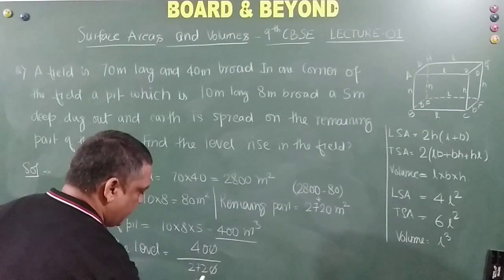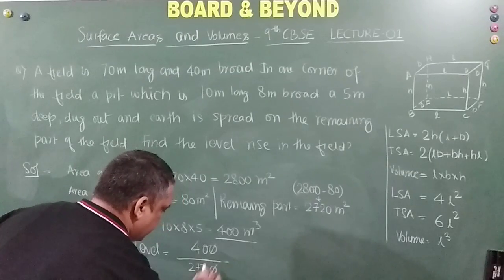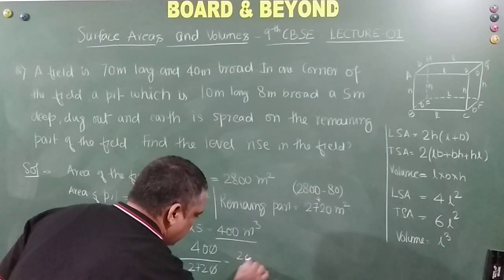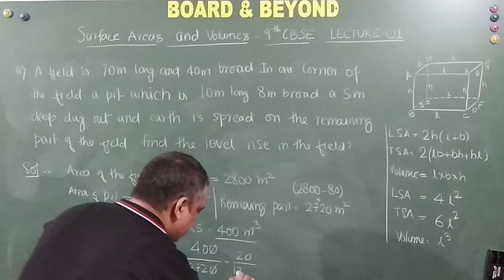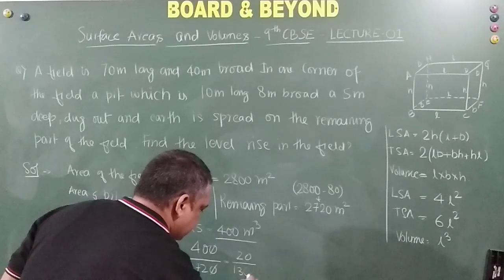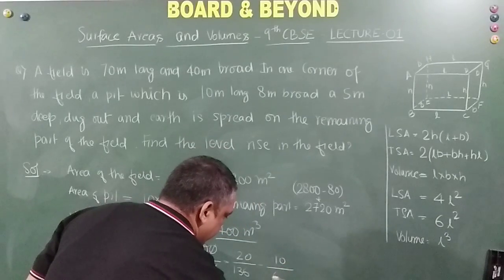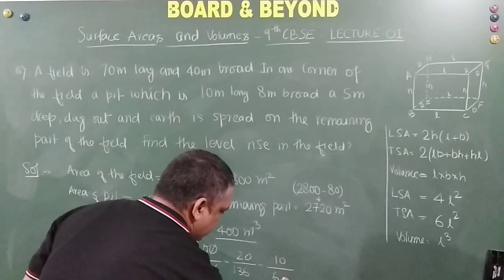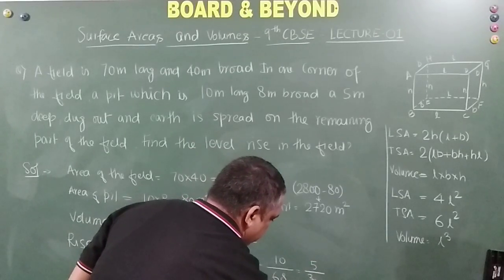That is 40 by 272, which is 20 by 136, which is equal to 10 by 68, which is equal to 5 by 34.